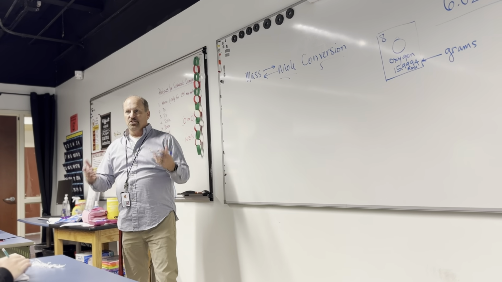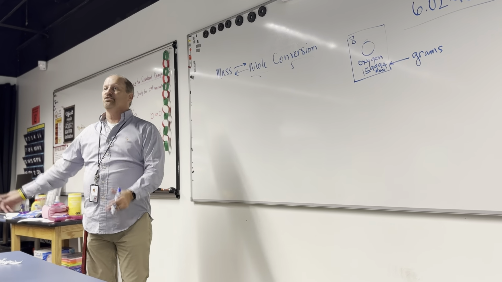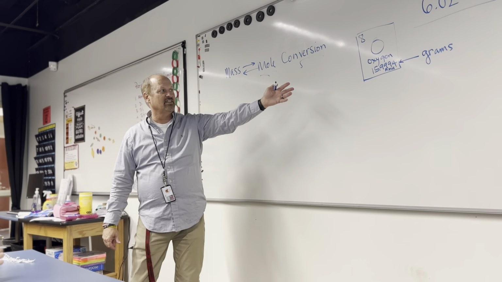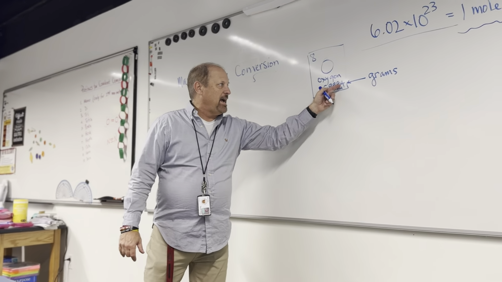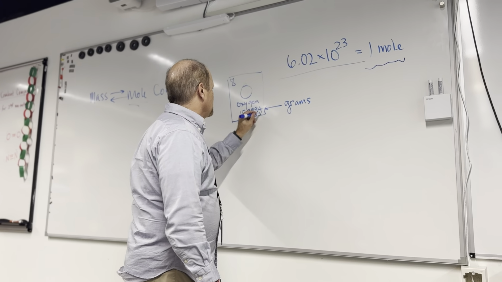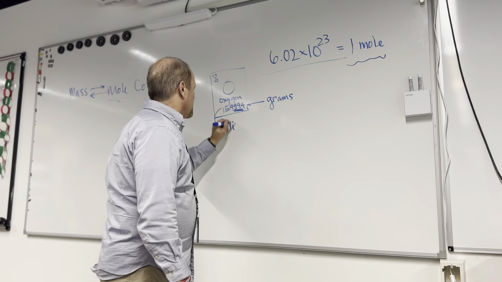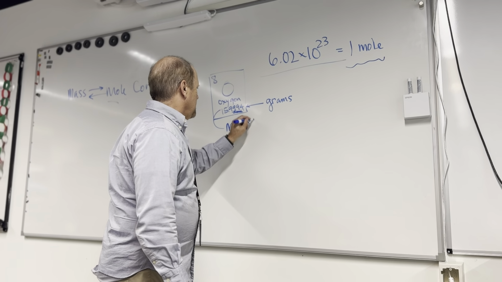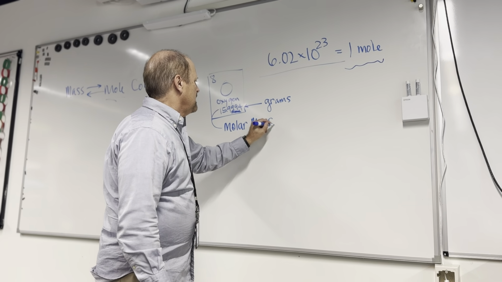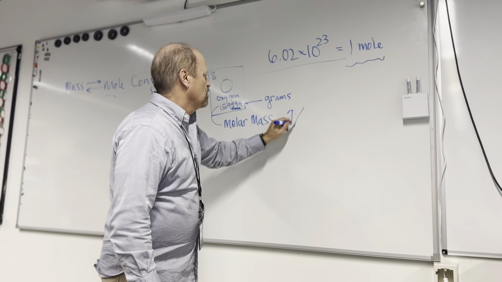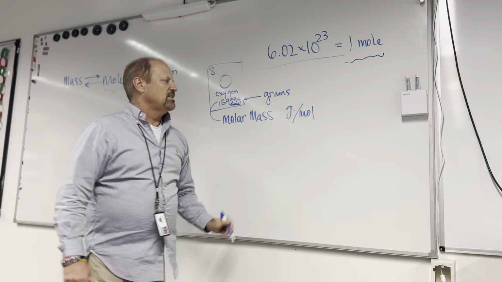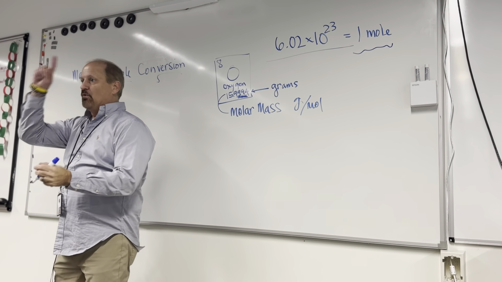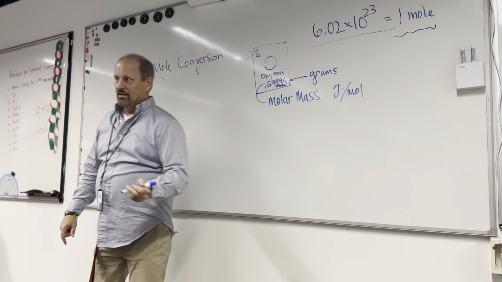If I have a mole of sodium, it's 22.99 grams. So you can look at your periodic table, find the mass. We're not going to call it the atomic mass anymore. We're going to call this the molar mass. And molar mass is different in that it's measured in grams per mole. So that tells you how many grams there are if you have 1 mole of that thing.